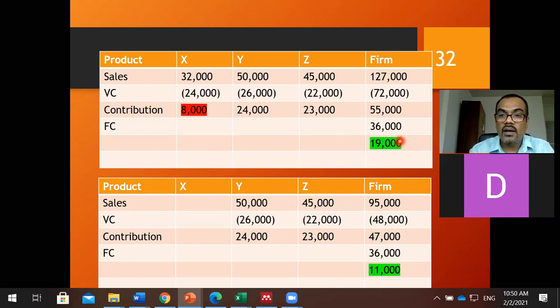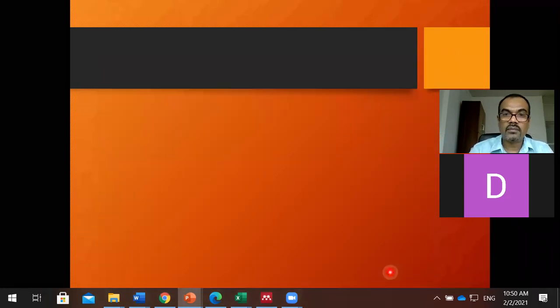But if you compare, the previous situation is 19,000, now 11,000. By dropping this, what will happen? My goodness, your profit goes down by 8,000. A very black and white, very clear answer. From a financial point of view, we should not do that.